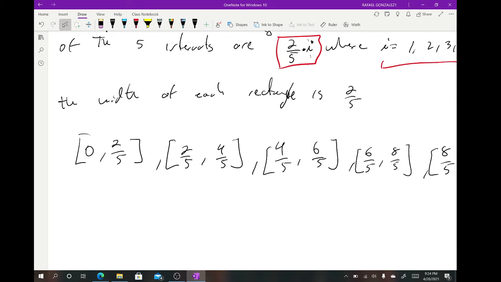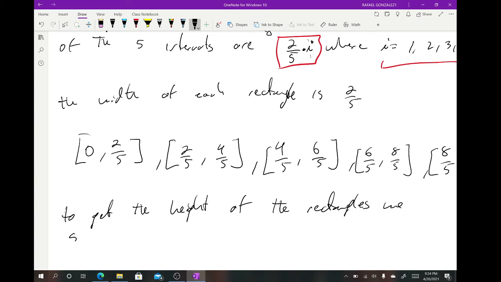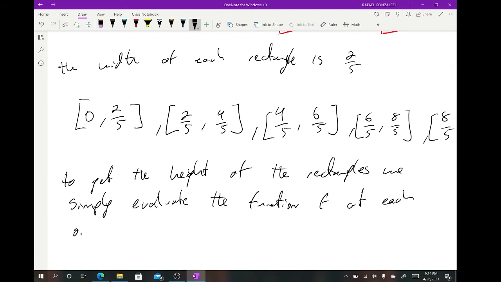And to get the height of the rectangles, we simply evaluate the function f that's given at each of the right endpoints of these intervals.